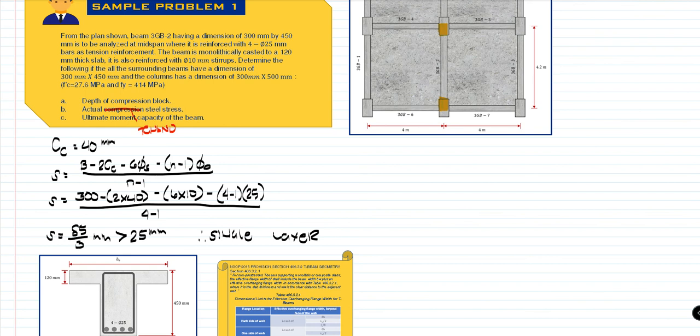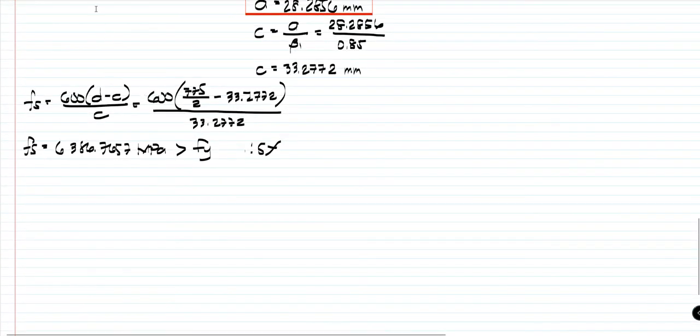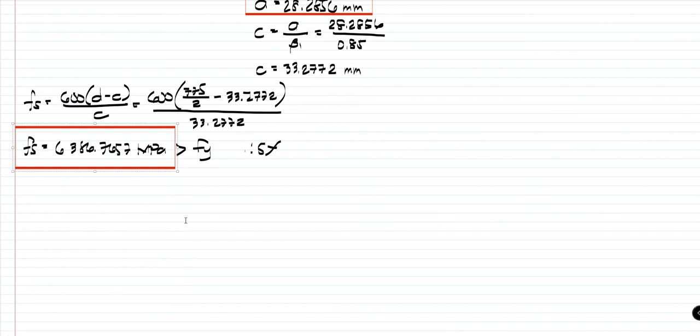So, for our tension steel stress, syempre, the actual is this one. So, that is 6,386.7657 megapascals. So, now we can proceed in getting the ultimate moment capacity nung beam natin.